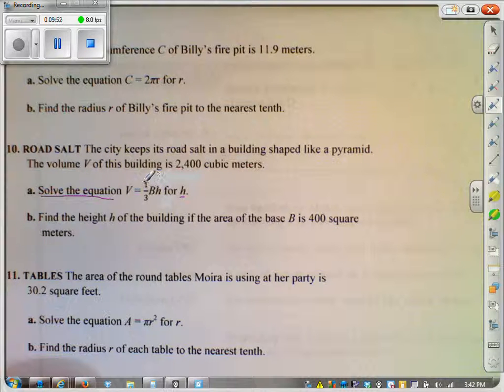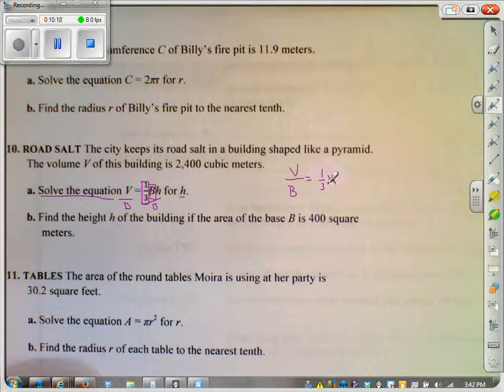It's being multiplied by 1/3 B. Now, like I said, I have this fraction here, so I'm going to pull that out and deal with it in a second. But let's do this B. H is multiplied by B, so I'm going to divide by the area of the base shape on both sides. So what I have now is the volume over the area of the base shape equals 1/3 h.